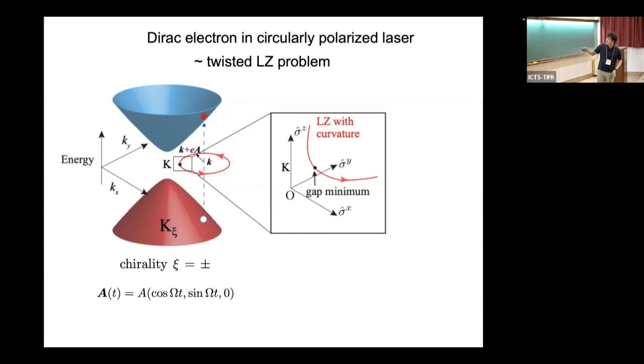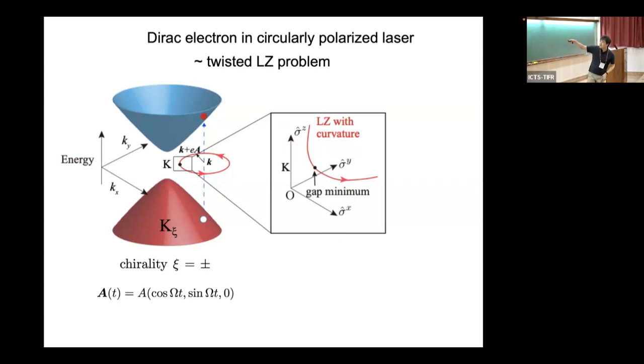So in this system, my momentum K will move within the Brillouin zone as K plus A. And for each K point, I'm going to move around like this. If I just focus around here, during this motion the gap becomes smallest around here, where my K point approaches the Dirac point. So now this image is more like a gapped Dirac system. Okay, so I focus around here.